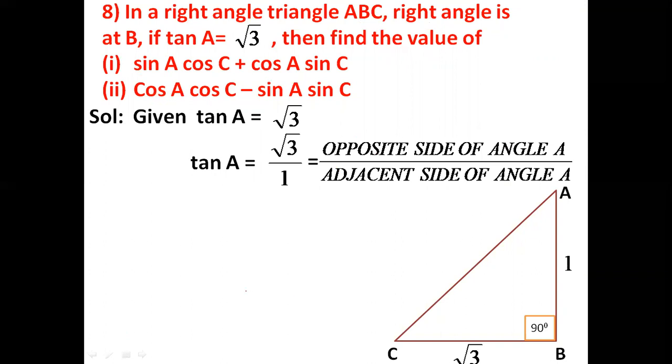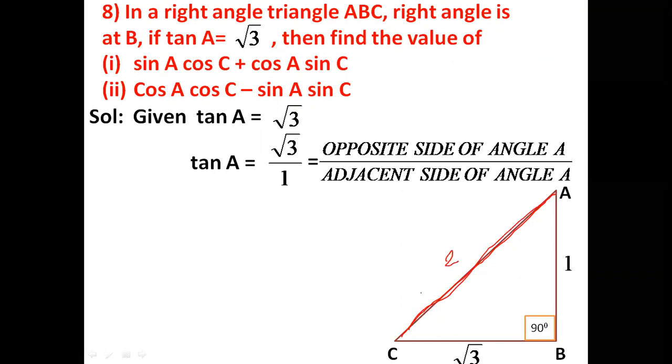Now you have to find the length of the side AC, that is the hypotenuse, by using the Pythagoras rule. It may be got as 2 units.